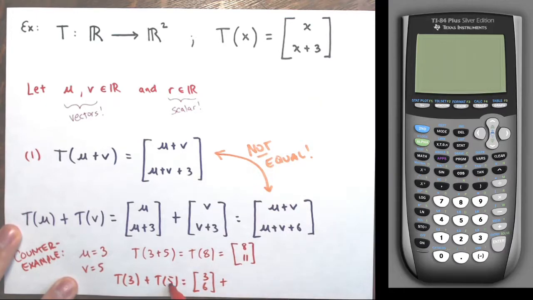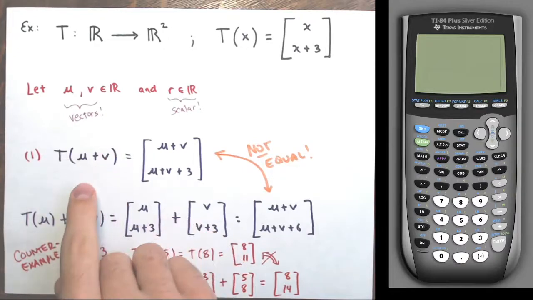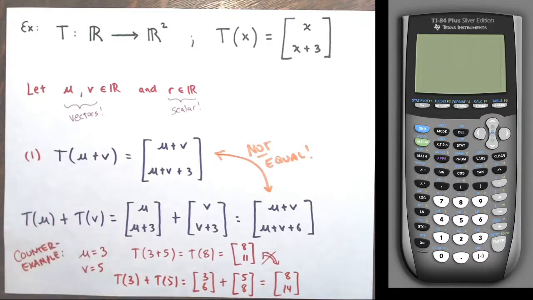Plus T of 5 would be the vector 5, 8, again 5, 5 plus 3, replacing x with 5. Adding these two vectors together gives me 8, 14, which is, again, not the same. These are not equal. So we're seeing that T of u plus v is not the same as T of u plus T of v for all real numbers in the domain there.